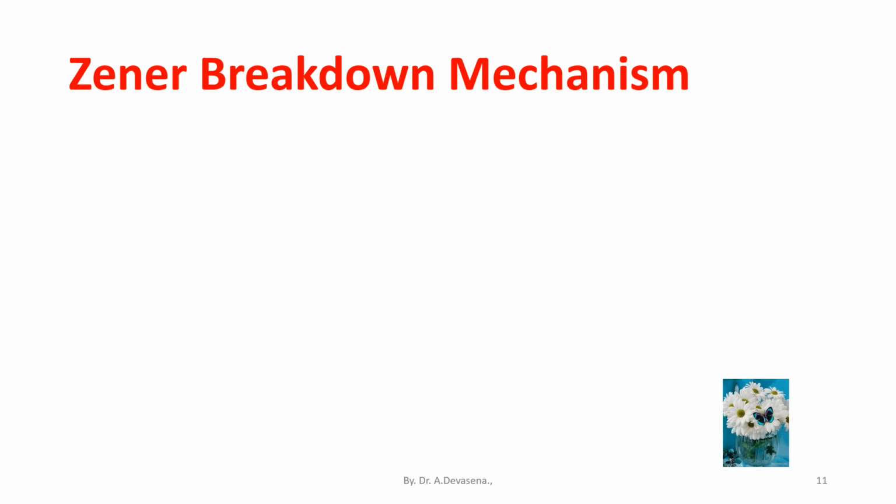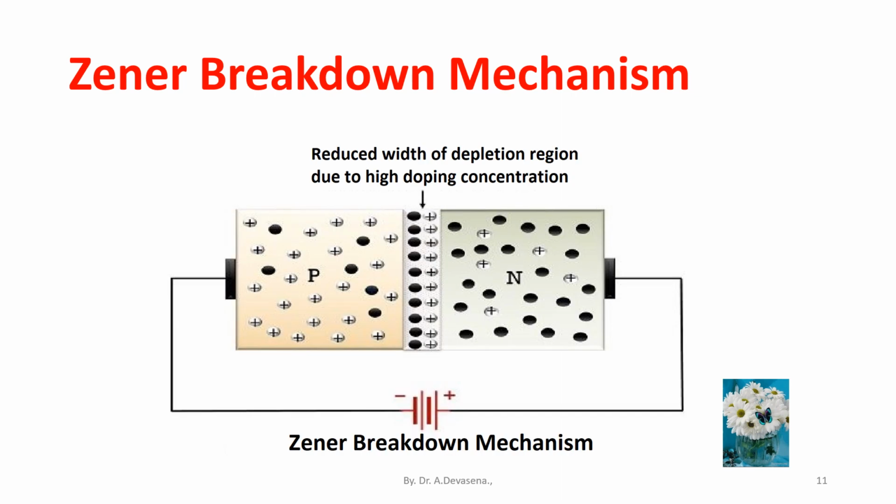Zener breakdown occurs in heavily doped junctions in which the transition from the p side to the n side is very abrupt. Under these conditions, the potential barrier separating carriers on the two sides of the junction is very narrow, and a quantum mechanical process called tunneling can take place. This is indicated here.